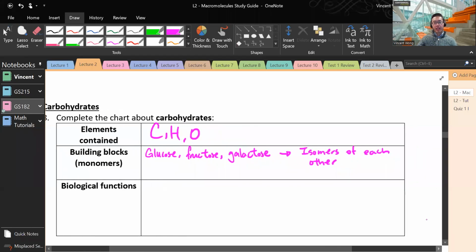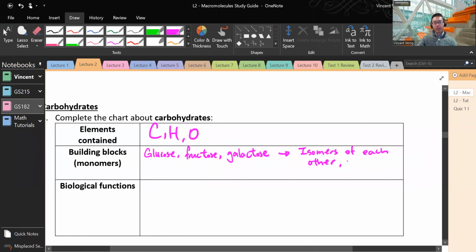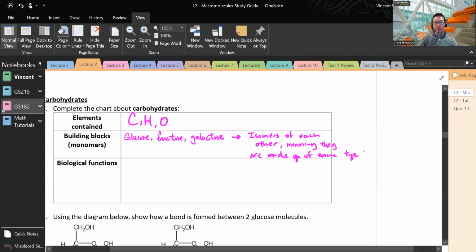What is the meaning of isomers? Okay, so meaning they are made up of the same type and same number of atoms.